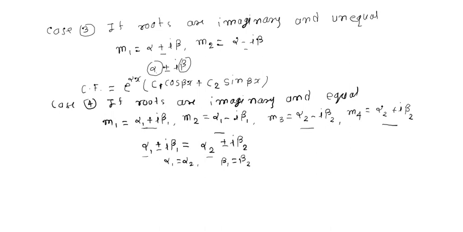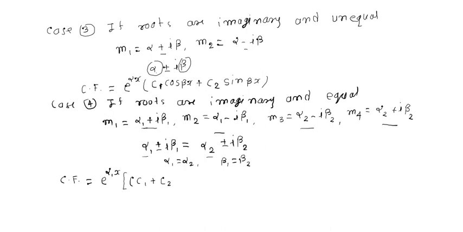Now find the CF for this as e raised to the real part, alpha 1 or alpha 2, both are equal, so we can write alpha 1 or alpha 2 times the independent variable x in bracket. There are 4 constants because there are 4 roots. So the first two constants are c1 plus c2, but write the independent variable x with c2 because two complex conjugates are equal.